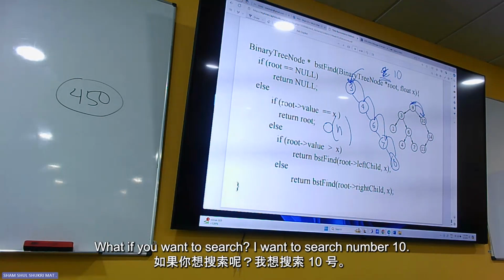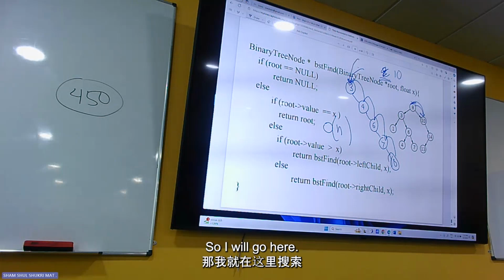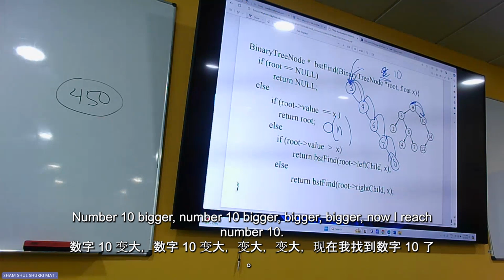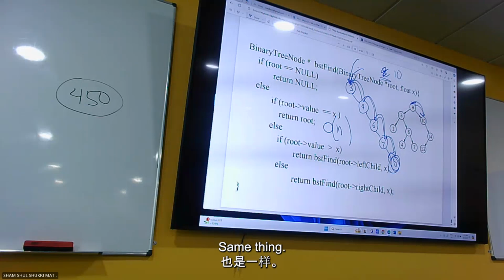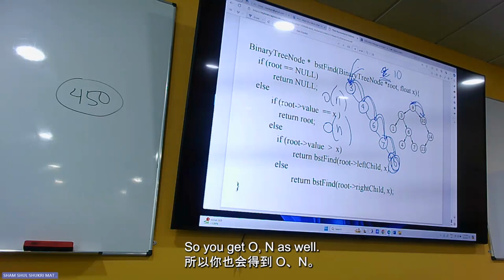What if you want to search? I want to search number 10. So I will go here, number 10 bigger, bigger, bigger, bigger, and now I reach number 10. How many comparisons? Same thing, so you get O(n) as well.